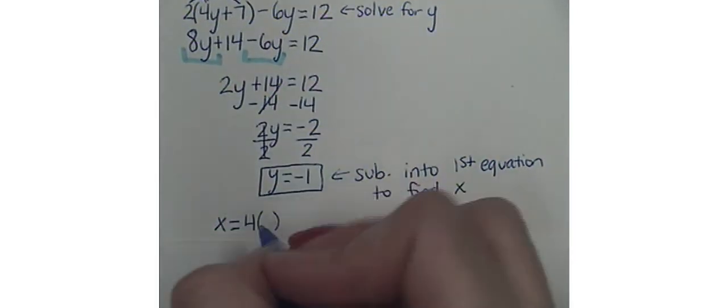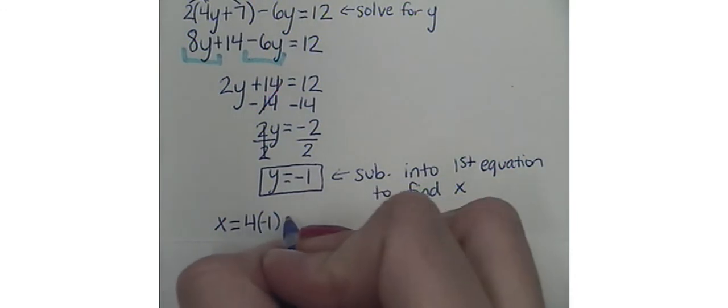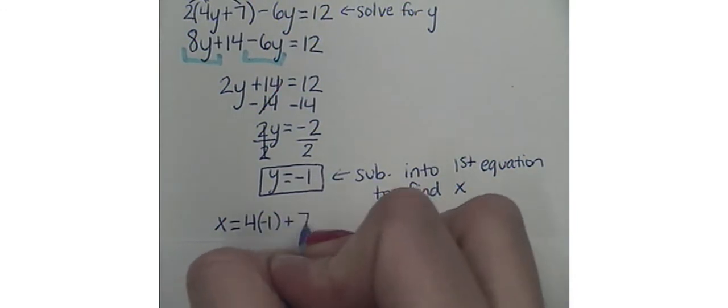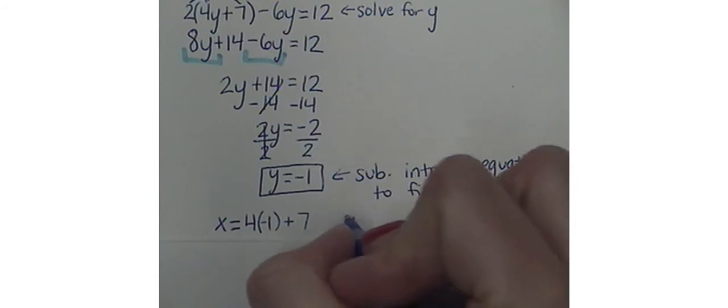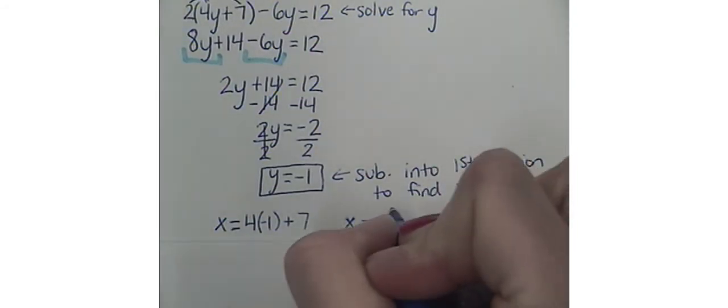So put in this negative 1 and then plus 7. So what is 4 times negative 1 plus 7? Negative 4 plus 7, we get x equals 3.